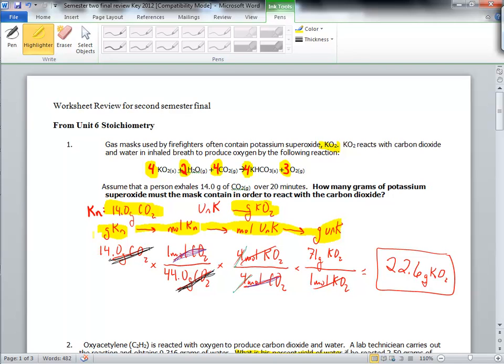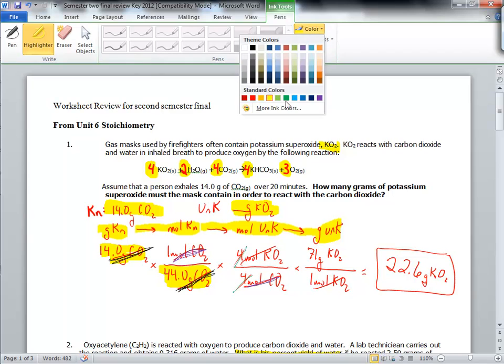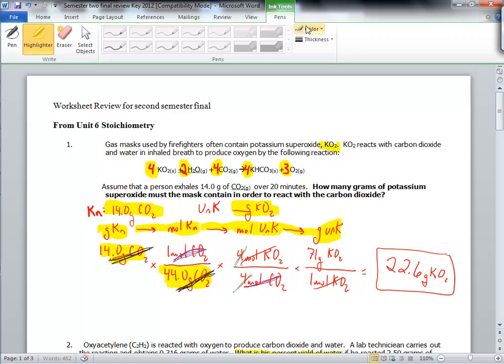Here we have 14 grams of the carbon dioxide that we started with, and the molar mass is used to convert that to moles. Of course, remember, the molar mass is just the mass of one carbon and two oxygens, 44 grams per 1 mole. Now, the stoichiometric ratio that we're looking at here is, if you look in the balanced equation, you'll see a 4 in front of the potassium superoxide.